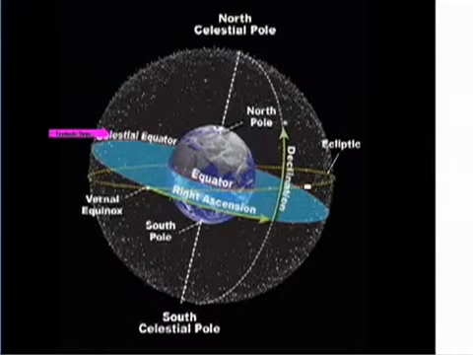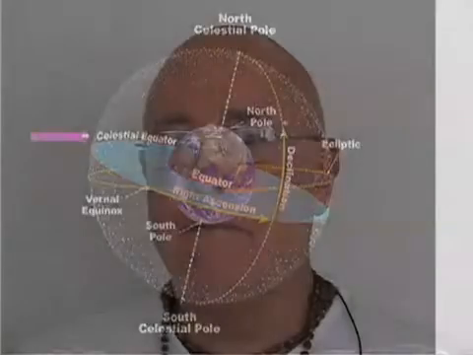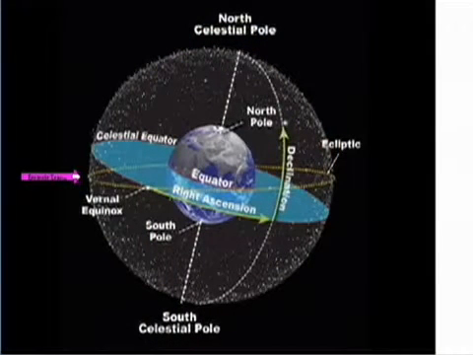So the plane of the Earth's orbit around the sun is 23.5 degrees different from the celestial equator. That's 23.5 degrees right there. Okay? So when we see the sun, the moon, the planets, they all follow the ecliptic, because that is the plane of the Earth's orbit, or the plane of the solar system.